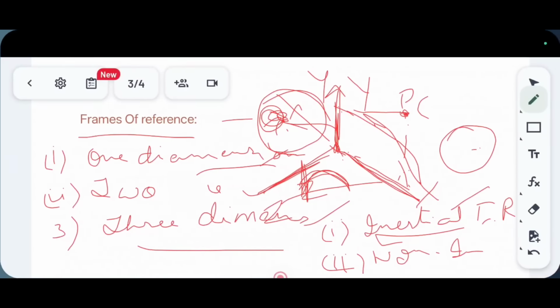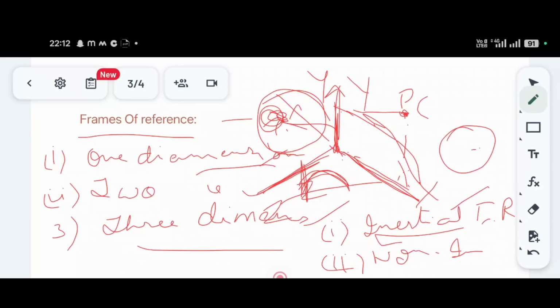Non-inertial is a frame of reference which will be changing. Here, inertial frame of reference is the earth, and non-inertial frame of reference is a vehicle. The vehicle will not be stationary; it will be moving. Such frames of reference are known as the inertial and non-inertial frame of reference.